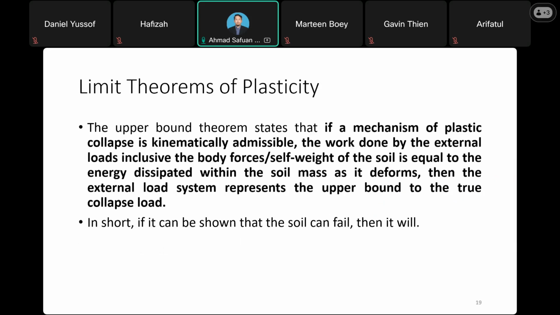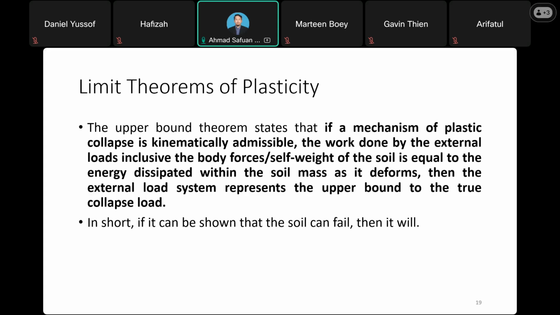So the same goes to the upper bound. It means that it is above the ultimate load. Okay. So if a mechanism of plastic collapse is kinematically admissible, the work done by the external load, inclusive of the body force or self-weight of the soil, is equal to the energy dissipated within the soil mass as it deforms.